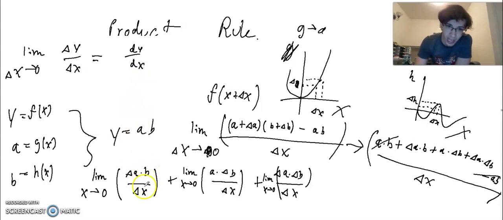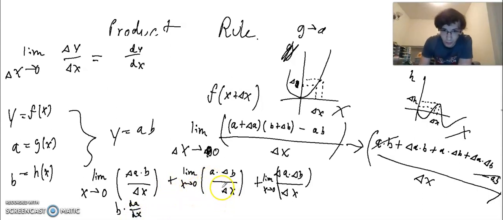And that's pretty much what we have right here. And earlier where I said you can just distribute a constant outside, well this can be our constant, because it's not with respect to x. So we can just say this is b times, instead of dy, this is delta a, so it would just be dA dx times b.